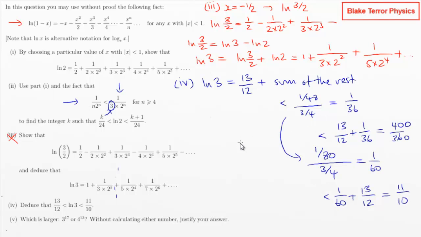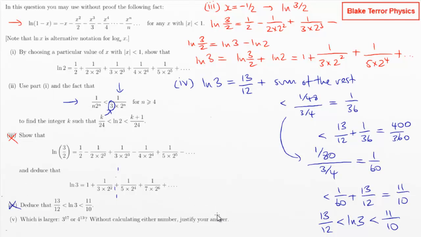Right, okay, so that was just tweaking it a little bit. And that then gives us our final result of 13 over 12 less than log 3 less than 11 over 10. Right, okay, that was fine. So it was a little bit different to part 2. But it's just bringing in that limit a little bit more by changing that 3 to a 5.